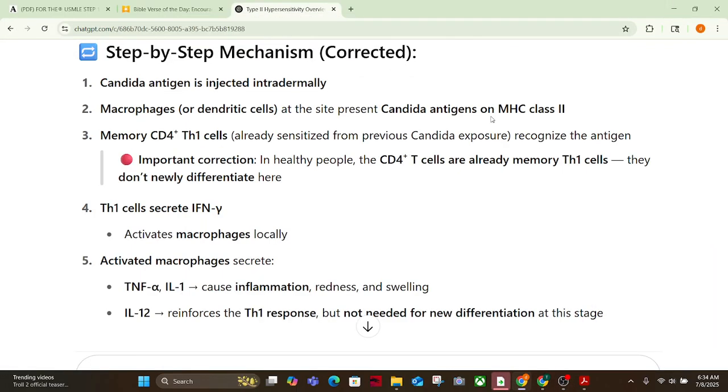So this is the step-by-step mechanism for the Candida skin test. Candida antigen is injected intradermally.